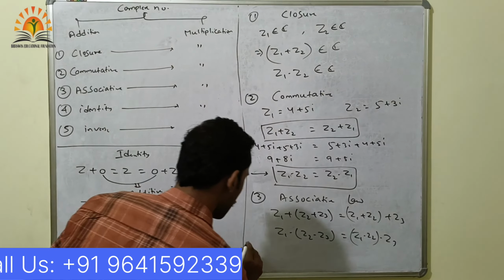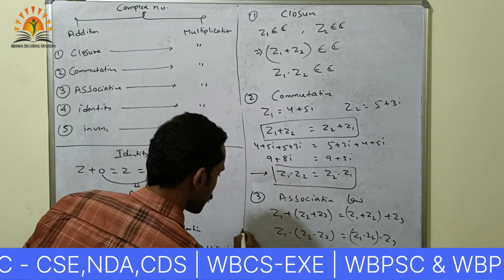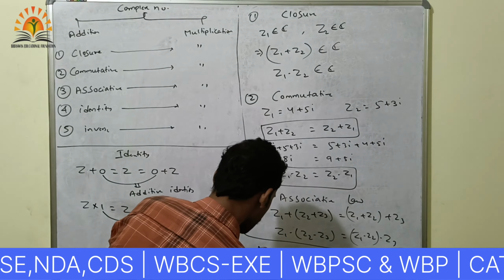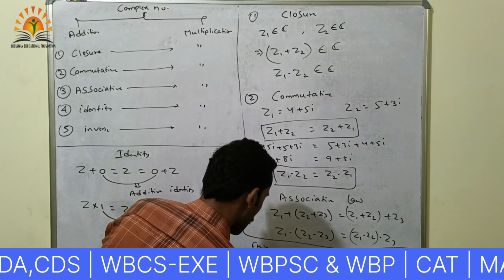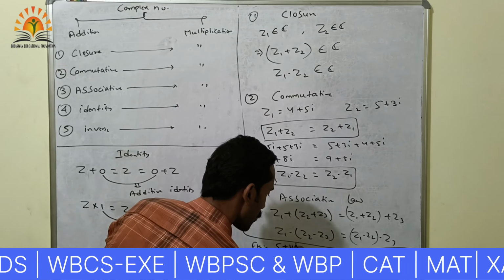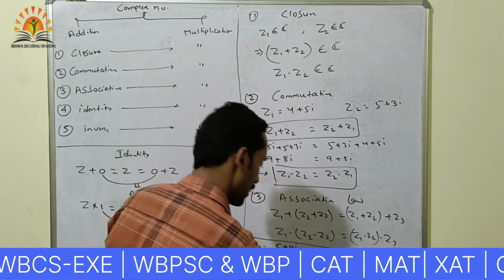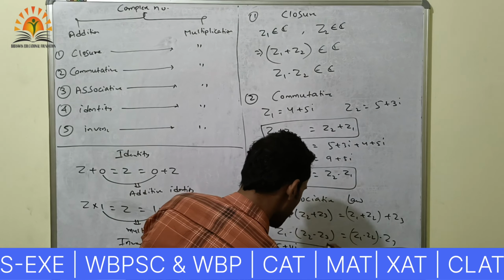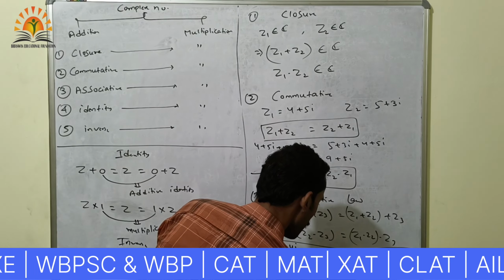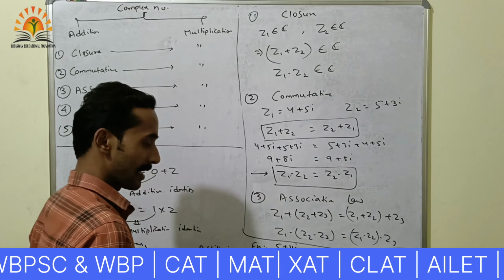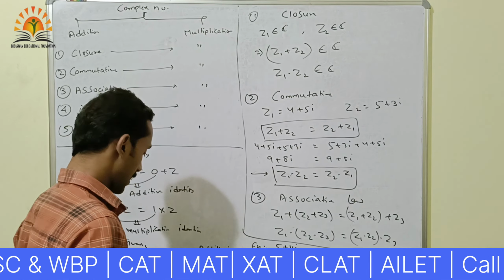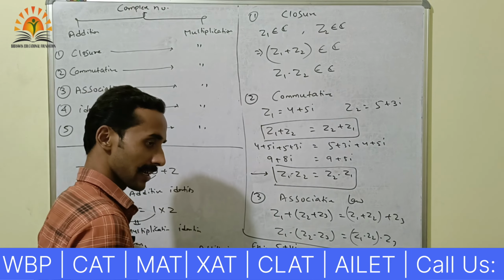Understood? If I give an example, 5 plus 4 iota. What is the additive inverse here? It is very simple: minus 5 minus 4 iota. Just change the sign. What is the multiplicative inverse here?